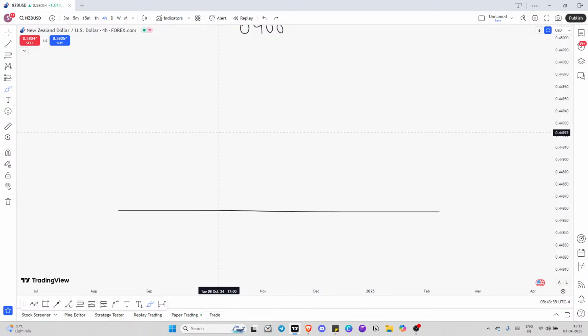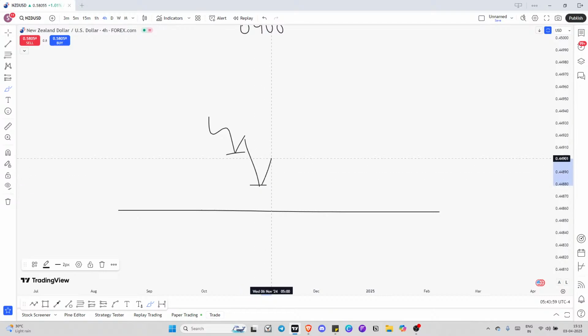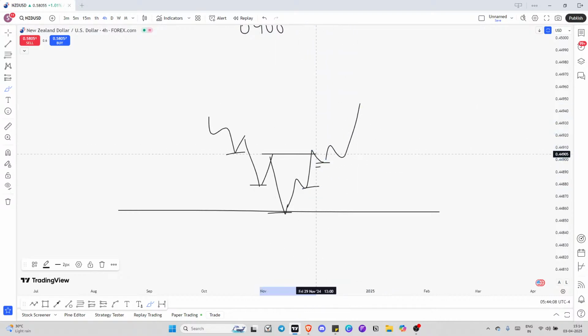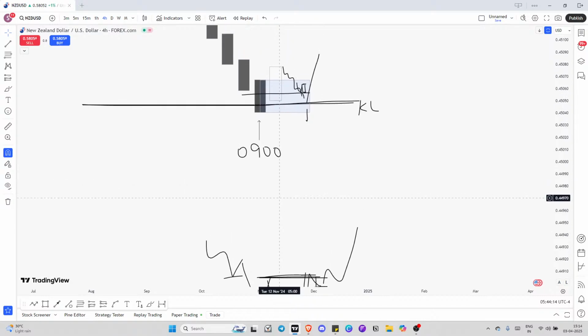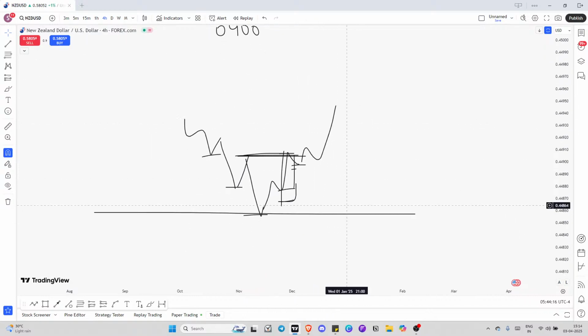So I told you they keep buying at every swing: buy, buy, buy, buy. This forms the momentum which I showed you in this area. This is the momentum by them.